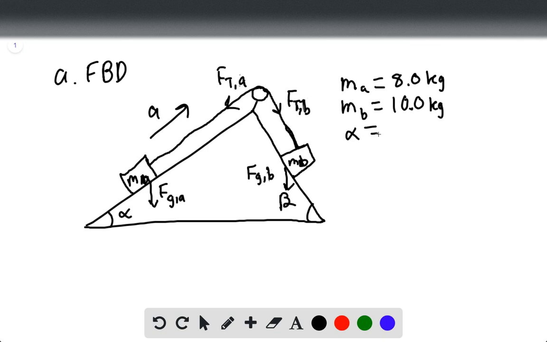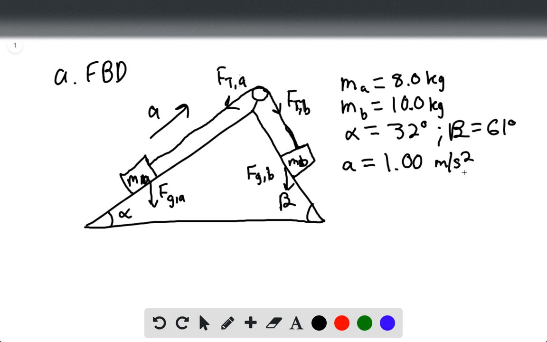Rather, alpha, the angle right here, is going to be 32 degrees, and beta, the angle right here, is going to be equal to 61 degrees. And we know that the linear acceleration is going to be 1.00 meters per second squared. And then we have the radius of the pulley, which is going to be 0.15 meters.